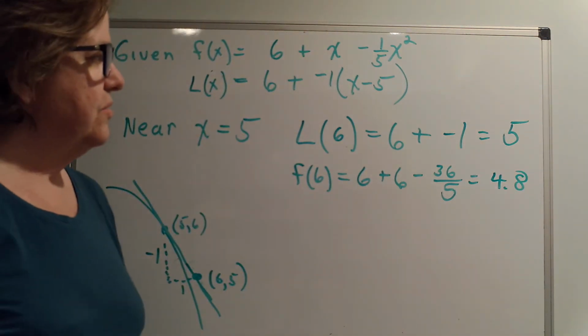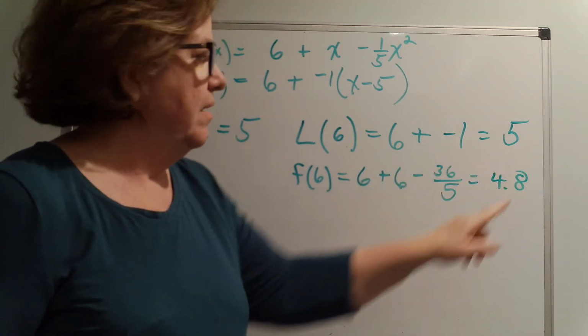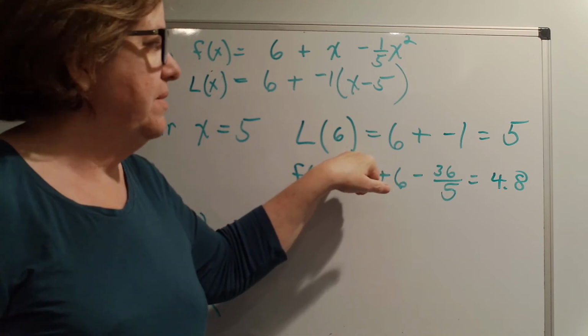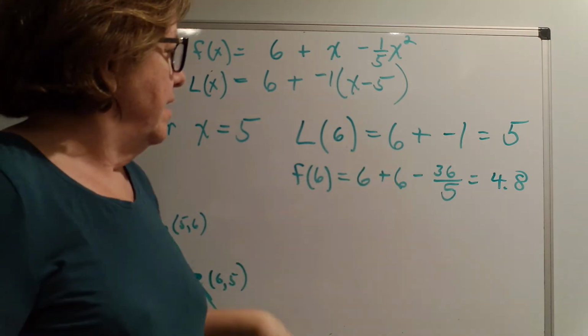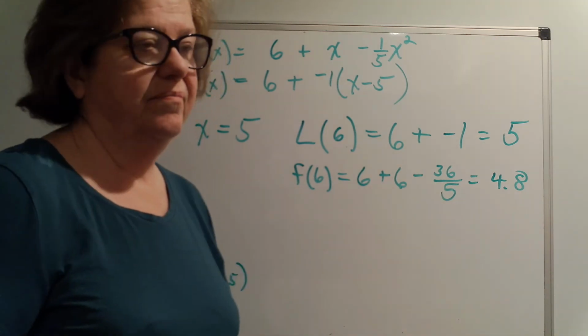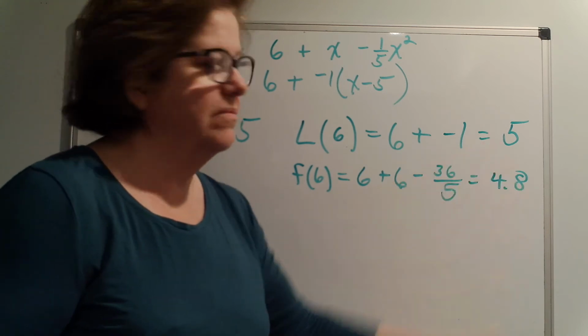Our approximation was 5. That's L of 6, our linear approximation. Our actual value at 6 is 4.8. We were off by how much? Well, 0.2.